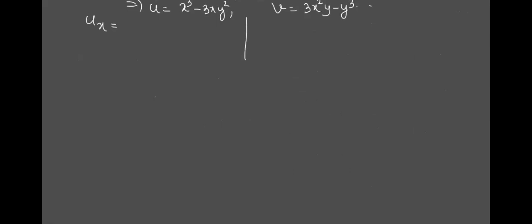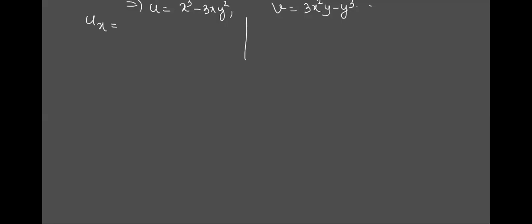If I am writing ux, what does this represent? Partial derivative of u with respect to x. That means y is to be treated as constant.